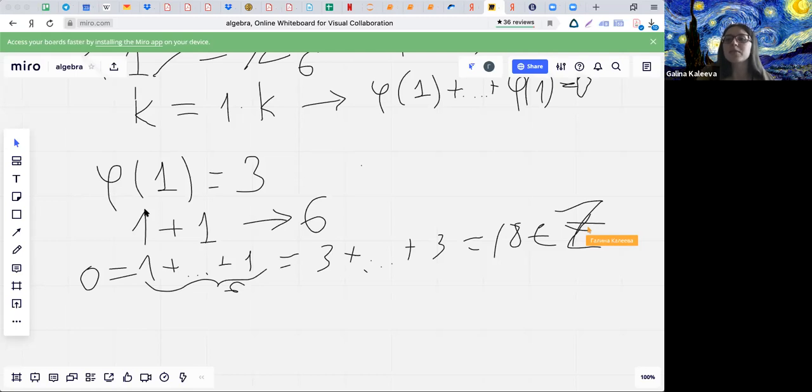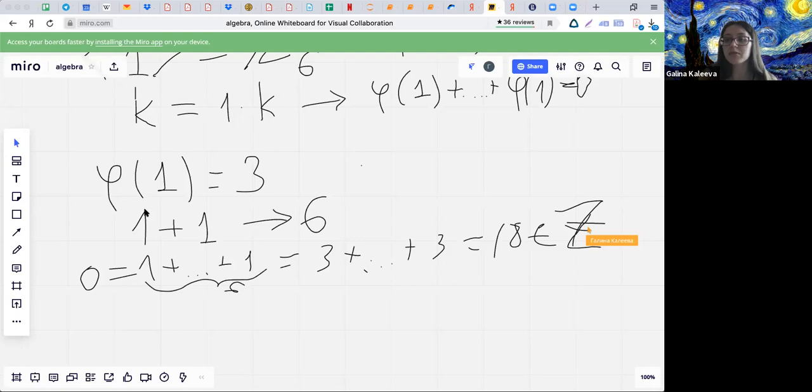But maybe sometimes, even knowing the image, it doesn't help me to construct the homomorphism. Maybe sometimes there are no homomorphisms, or there are no non-trivial homomorphisms. And this is the case here. I had to get 0 here because the image of 0 is also 0 when I consider a homomorphism, right?